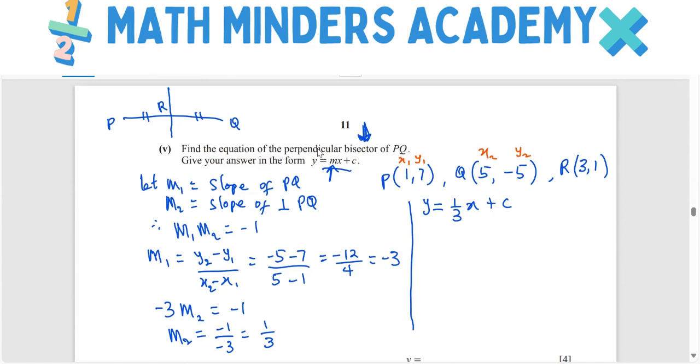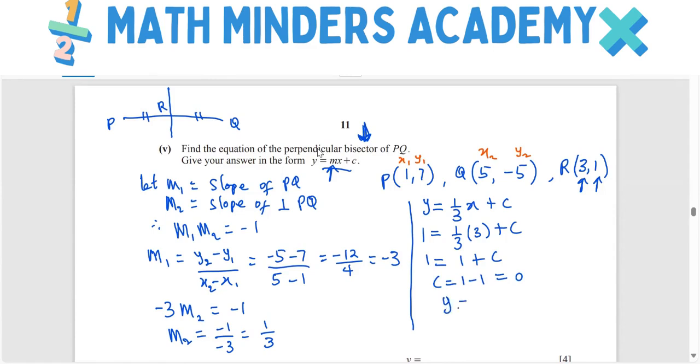So the value of x here is 3. The value of y here is 1. So we put 1 here for y, and we are going to put 3 for x, so we determine what our c is. So we have 1 equals, when you multiply out here, 1 plus c. So here, c is going to be 1 minus 1, which is 0.